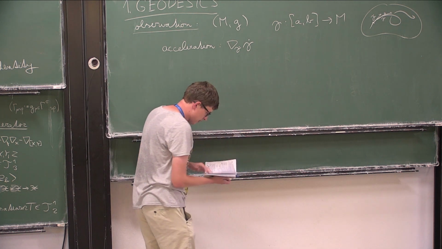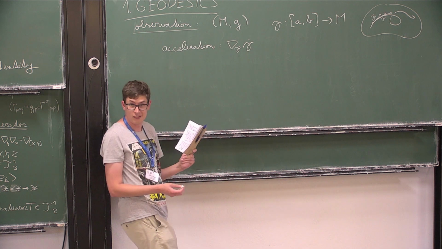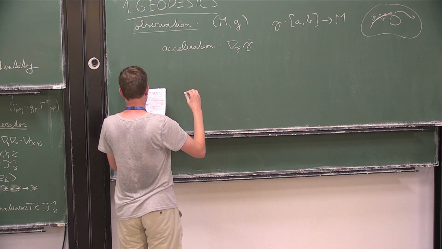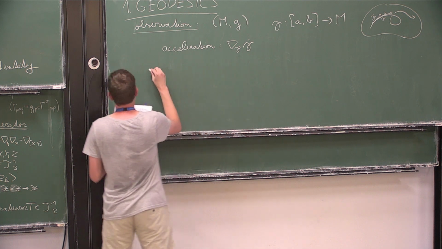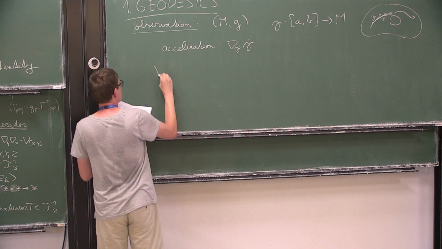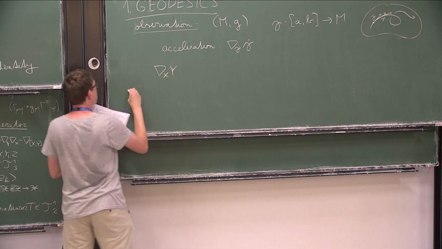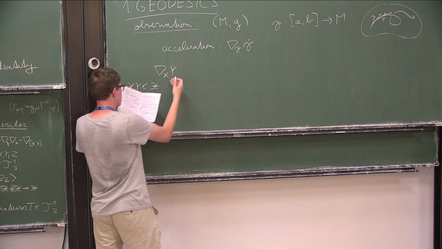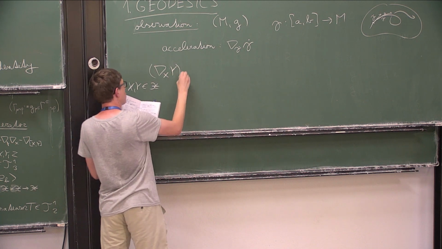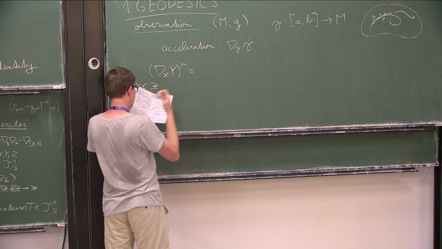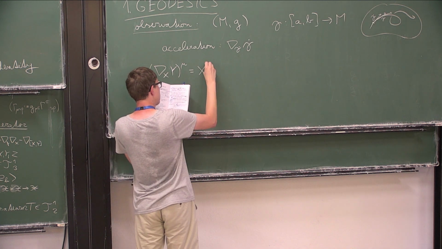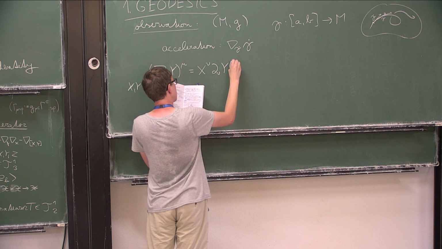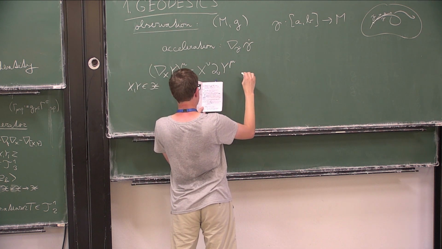Anyone see why? Okay, I'll write it anyway. Let's suppose that we have a covariant derivative explicitly. If we have two vector fields, X and Y, then if you really write it, this is a vector. If you look at its smooth component and break it down, this is what it looks like in terms of the components.